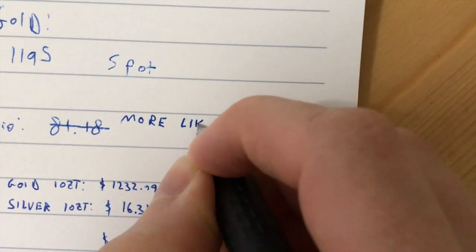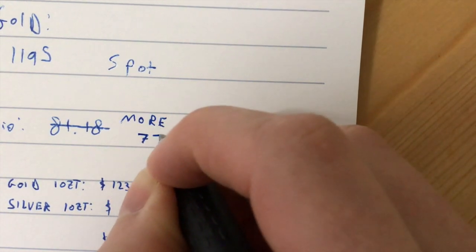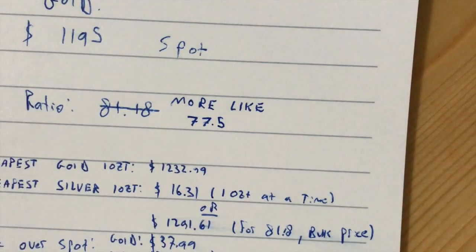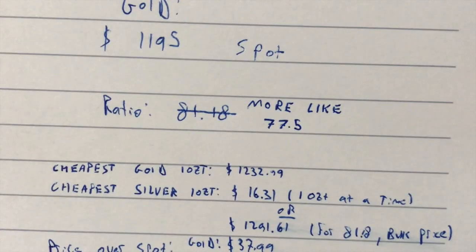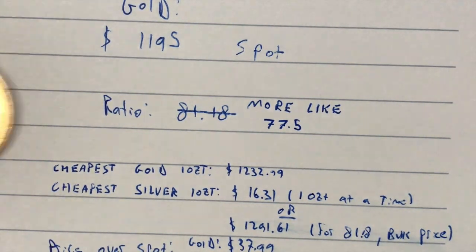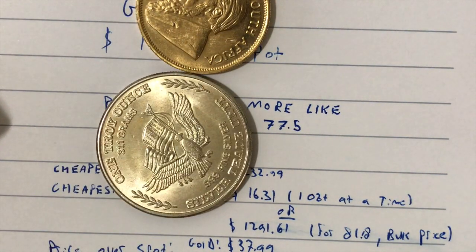This makes the phrase "gold to silver ratio is how many ounces of silver you can trade for an ounce of gold" a lie in the physical world because it doesn't include premiums at all. This demonstrates the extraordinarily high premium on silver compared to gold. In this scenario, we were only able to buy 77.5 ounces when the gold to silver ratio promised us 81.18 ounces for our money, while the rest of that value was sucked up into the premiums.